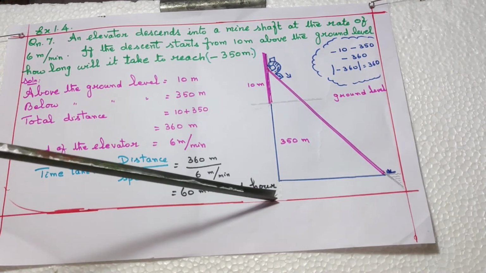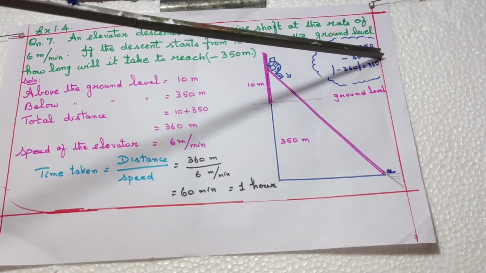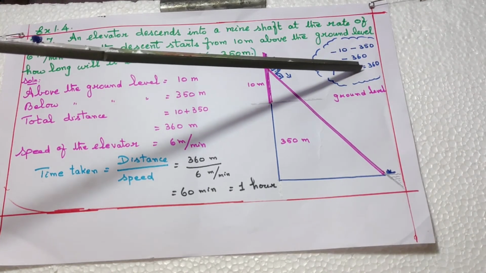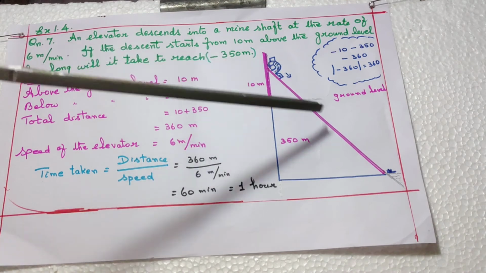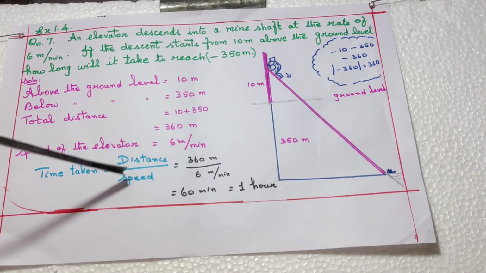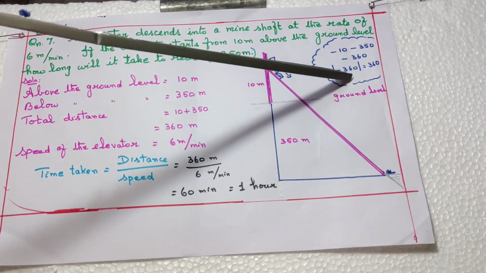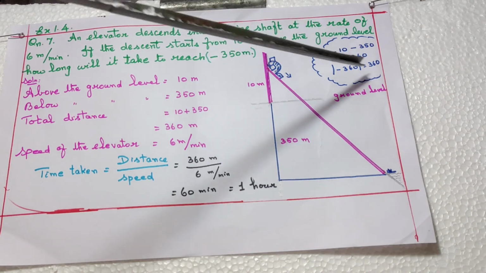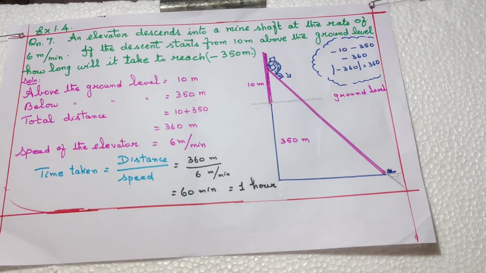And this 350 you can write as minus 350. So minus 10 minus 350 gives you minus 360. But as I told you earlier, we can't denote the distance with negative. So we take the absolute value. So the absolute value of minus 360 is equal to 360. So using that 360, we can proceed and get the result 1 hour.